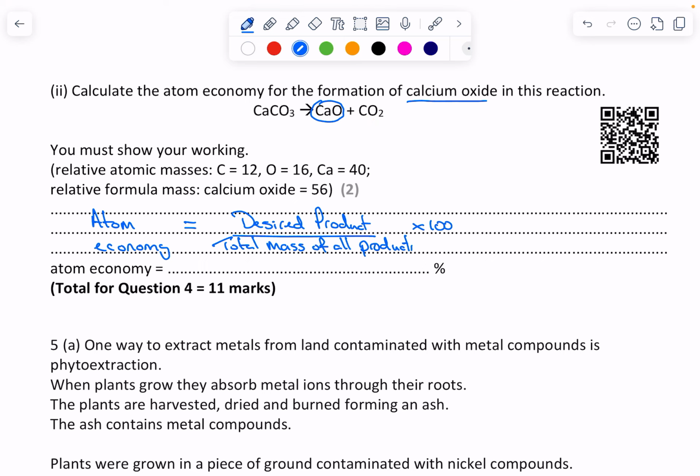So I'll do the working out up here for us. In here we've got calcium is 40 plus oxygen, that's going to give me a mass of 56. And then here I've got carbon is 12, 2 lots of oxygen is 16 times 2 is 32, and that's going to be then 44.